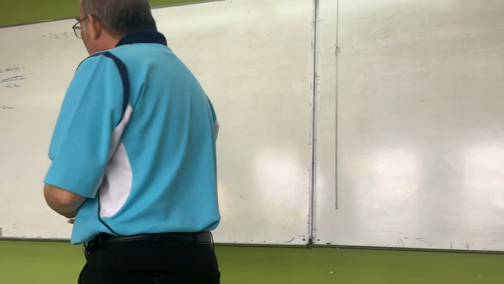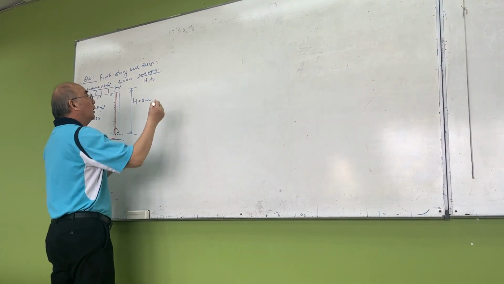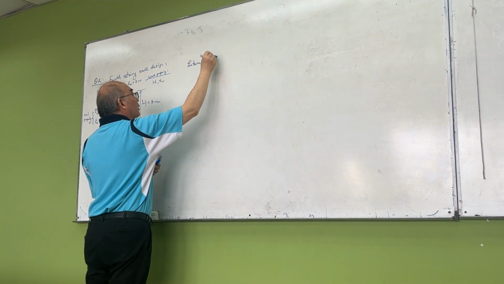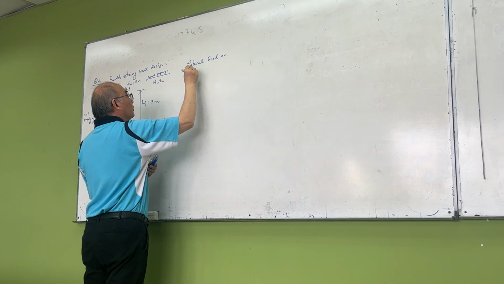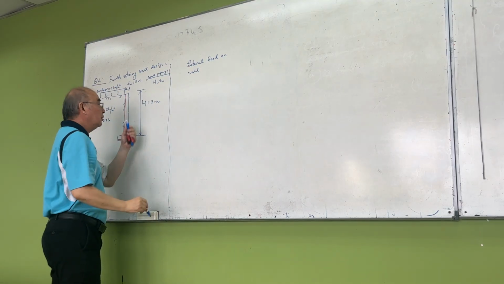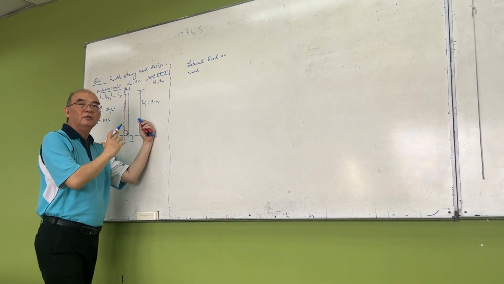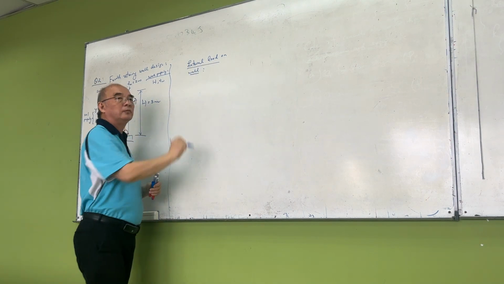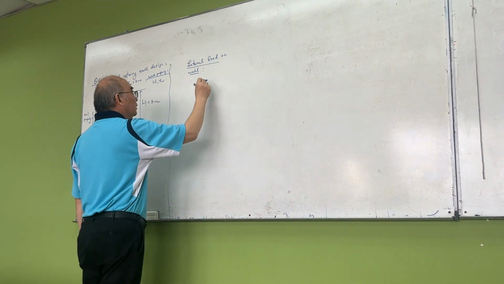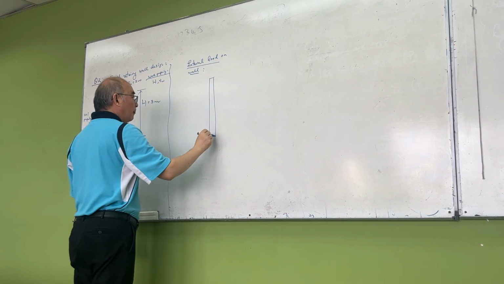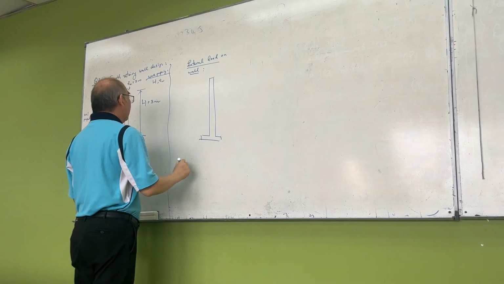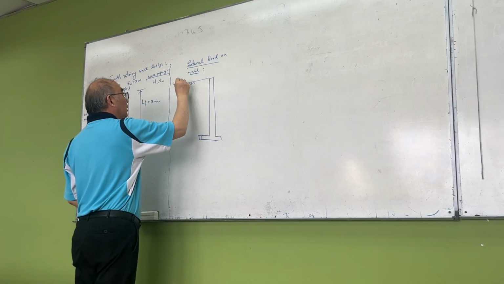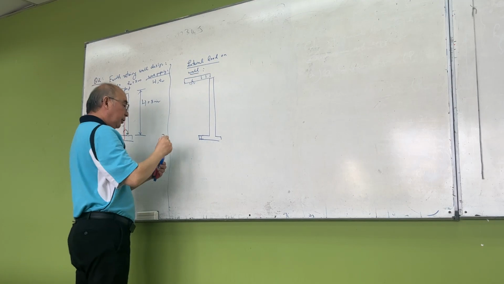So let's see, lateral load on wall. This is the problem introduction, to give you the overall picture first. Lateral load on wall: let's say this is a wall, this is the soil, and this is the surcharge pressure.